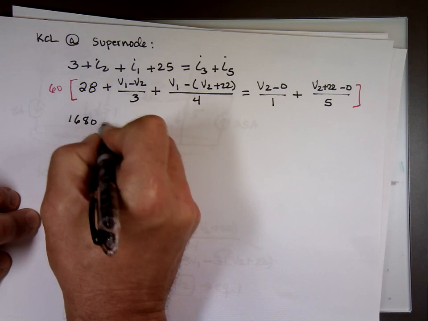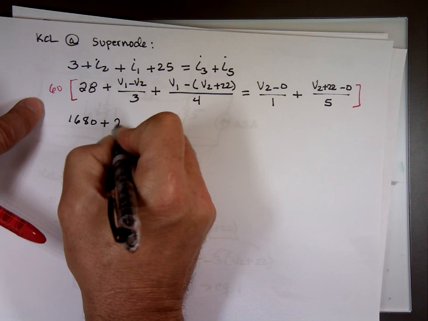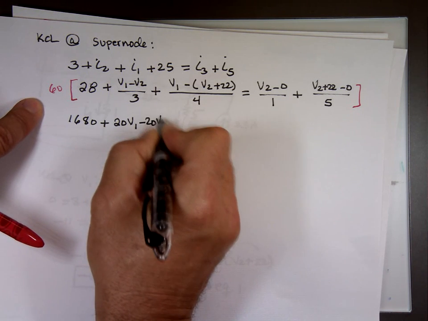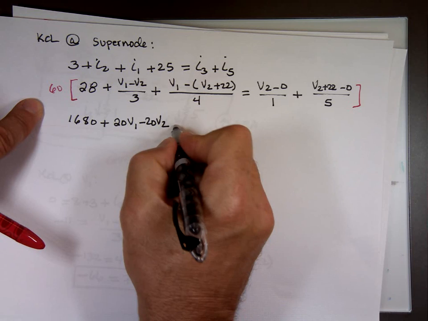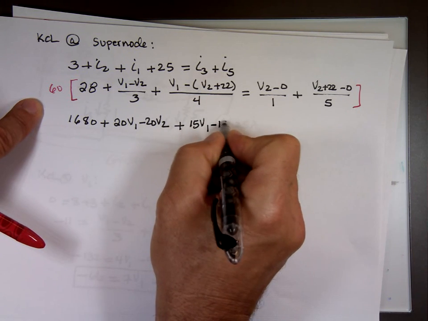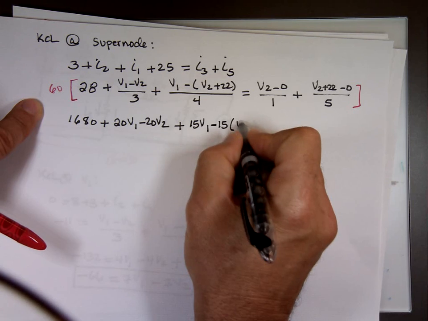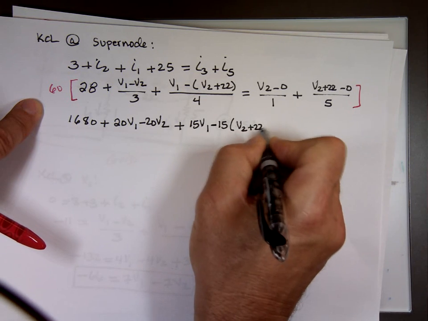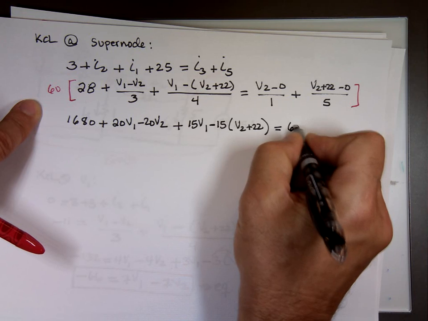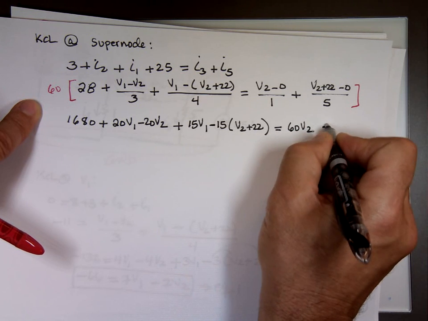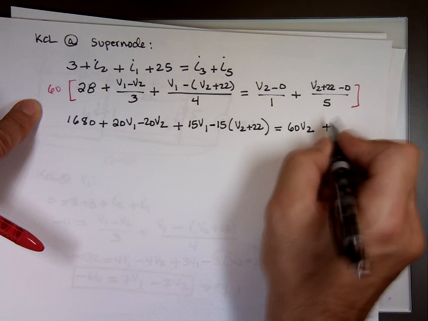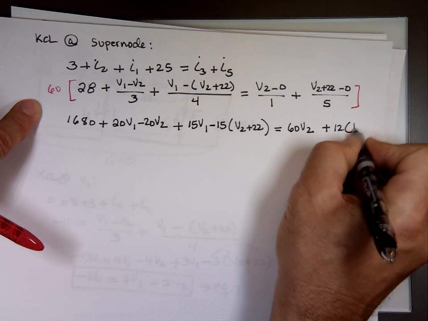That'll be 20 V1 minus 20 V2 plus 15 V1 minus 15 times what? V2 plus 22. 60 V2. 60 divided by 5 is what? 12. V2 plus 22.